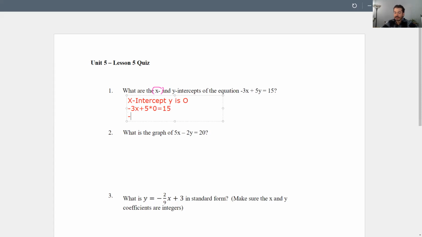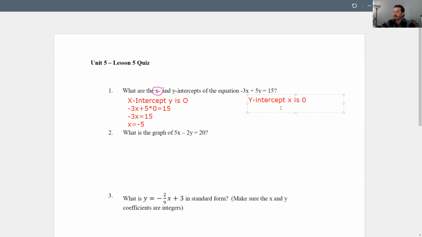This is negative 3x equals 15. What do I need to multiply negative 3 by to get positive 15? I need to multiply a negative 3 by negative 15. So my x-intercept, that's not true, negative 5. My x-intercept is negative 5. For my y-intercept, x is 0.